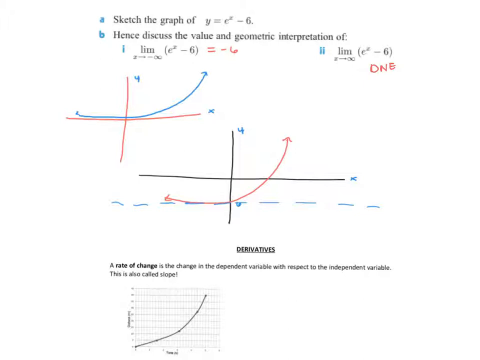It's going on forever. So if given a problem, you were to see this, then that is an asymptote. Okay? Questions?